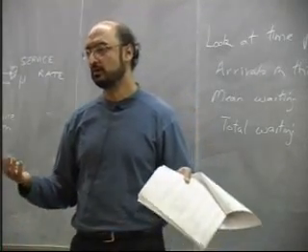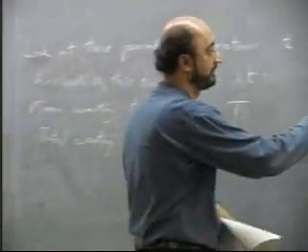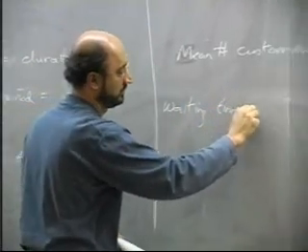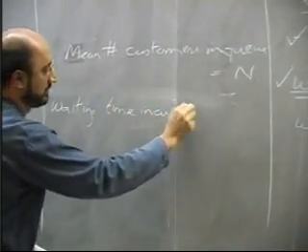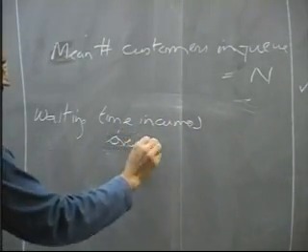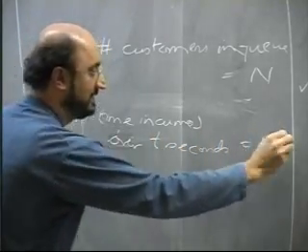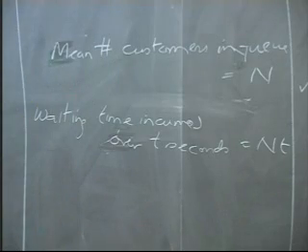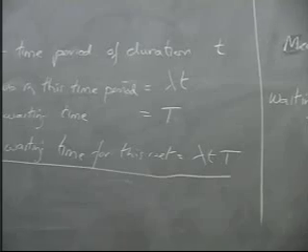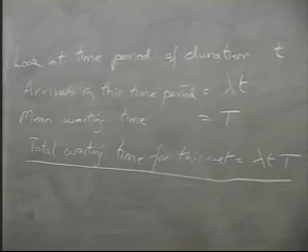So how much total waiting time am I incurring in small t seconds? So the waiting time incurred over t seconds is nothing more than nt. Well, that's basically got to match the waiting time incurred for this cohort of customers, because this cohort of customers is no different from any other set of customers.